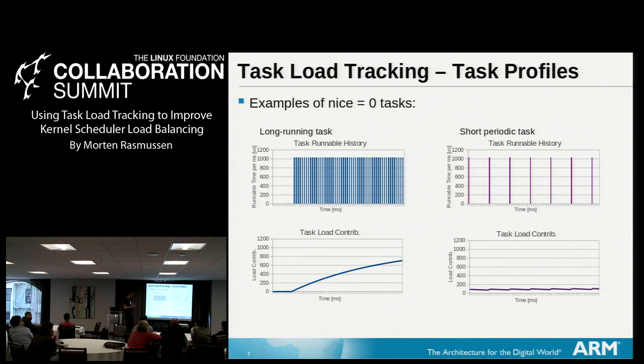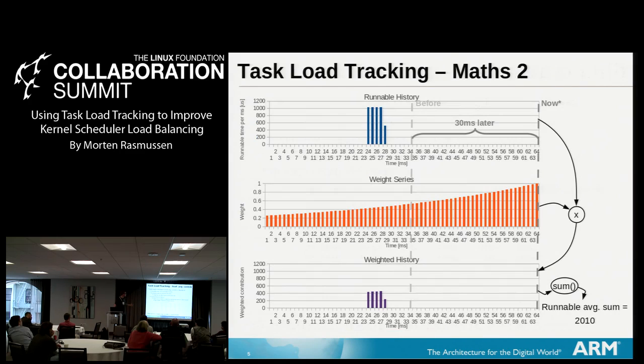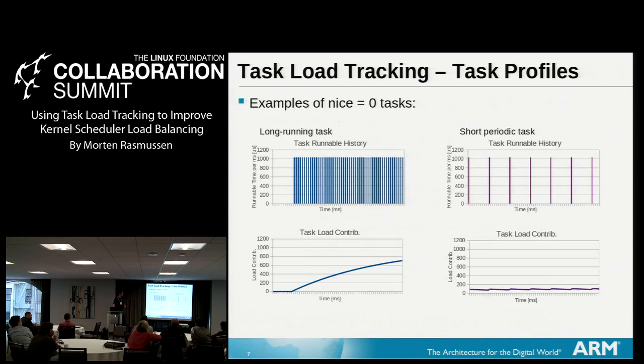And what will happen is that its track load will start from 0, and because it sits on the run queue all the time, it will slowly build up. Because if we imagine this, where the blue one would just continue all the way to the right, the sum will just grow bigger and bigger as time goes on, and the task just keeps executing. So this is the track load you will see on a CPU-intensive task.